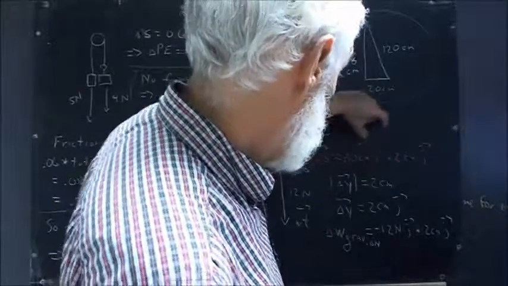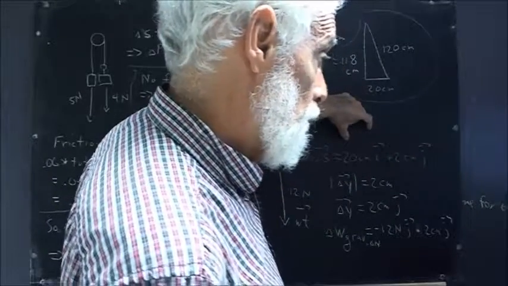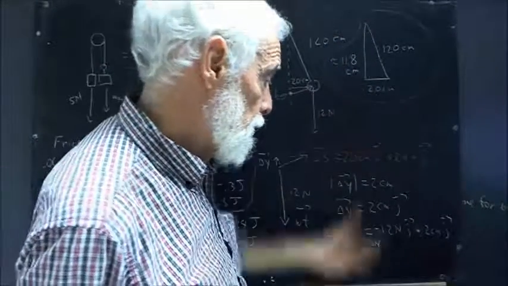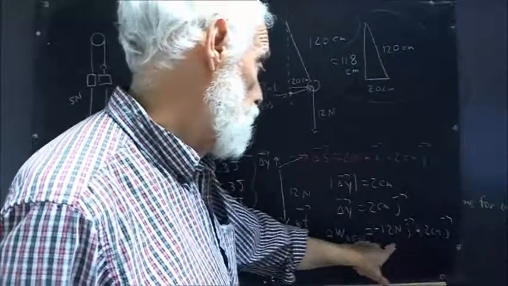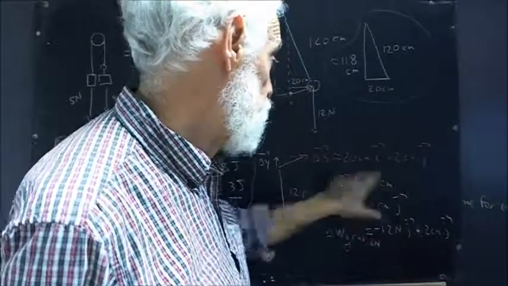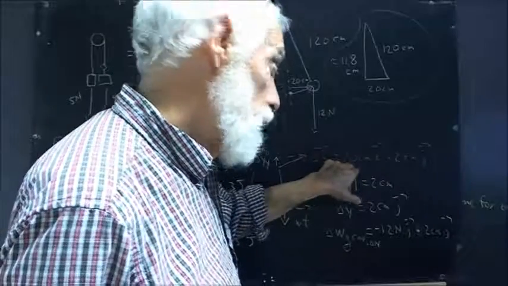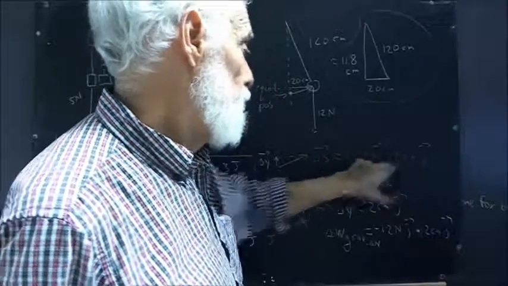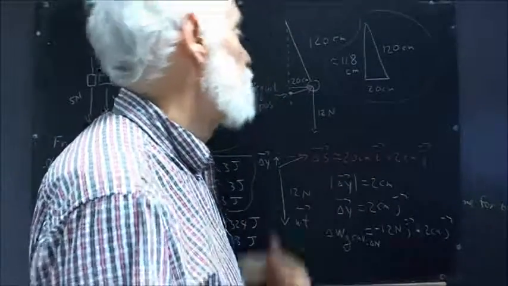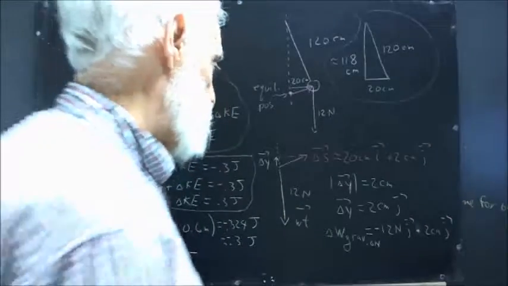Or we could do the negative 12 newtons times j dotted with the displacement vector. And you should probably do that. You get the same thing. The gravitational vector has 0 i component, so the product of the i components is going to be 0. And you want to think about those connections with the dot product.